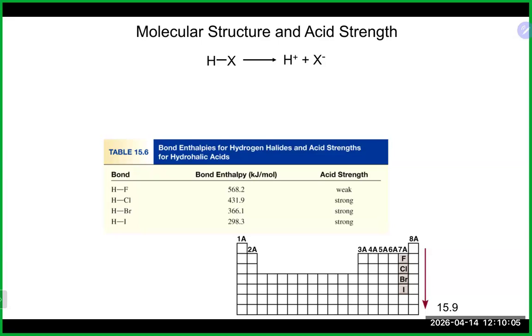So when we look at an acid like HF, HCl, all your group 7, HBr, HI, acids like this, where they each do not have oxygen, one of the things you may think is important in terms of what makes something a stronger acid versus a weaker acid is maybe something like electronegativity.